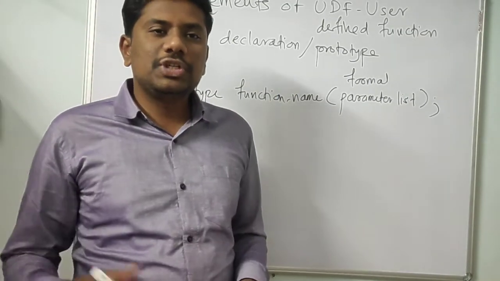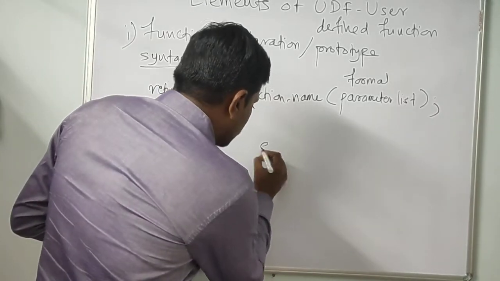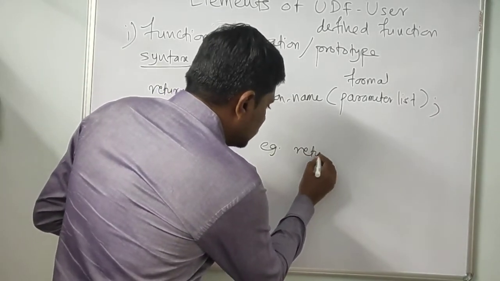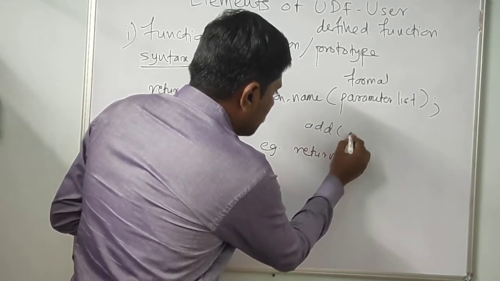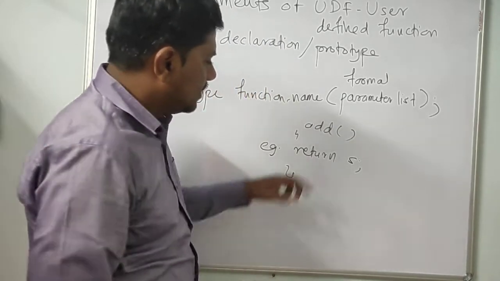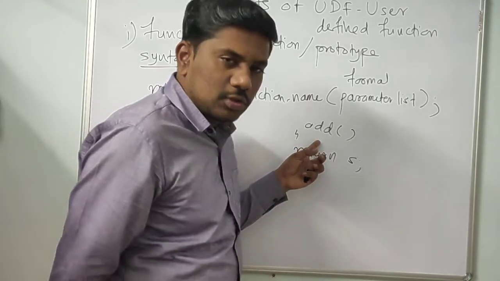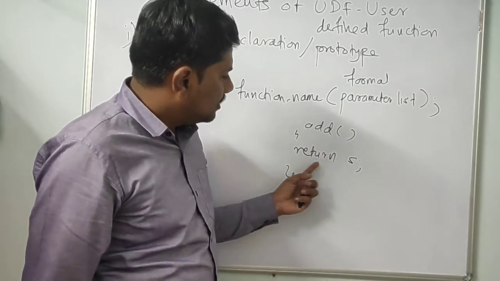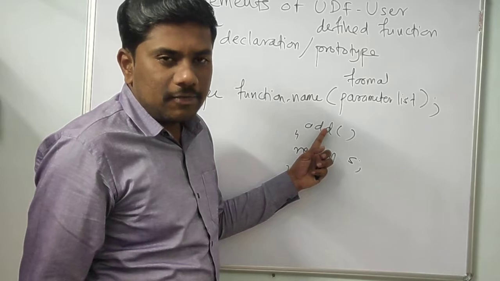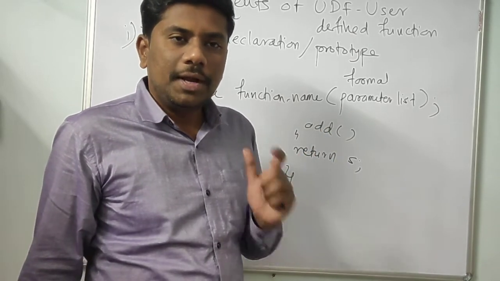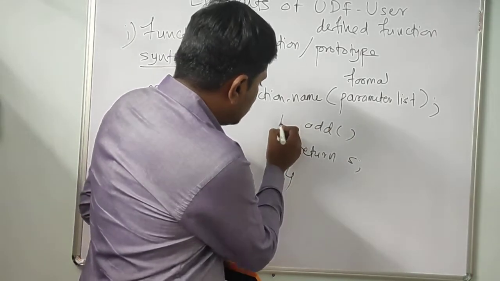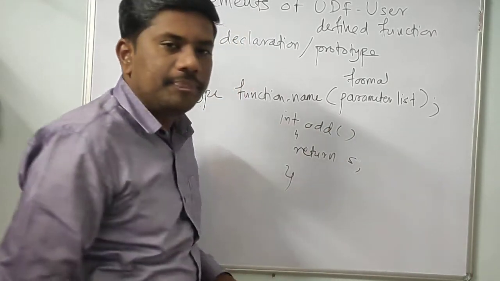For example, suppose there is a line return 5 in the function add. So this add function is returning the value 5. What is the type of 5? Integer. So the return type of add should be integer.